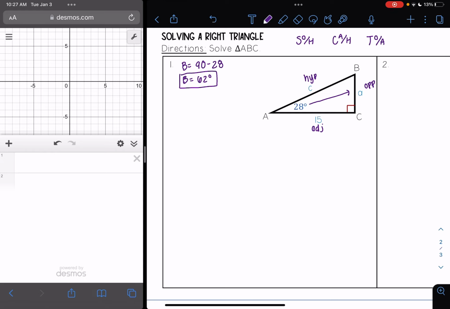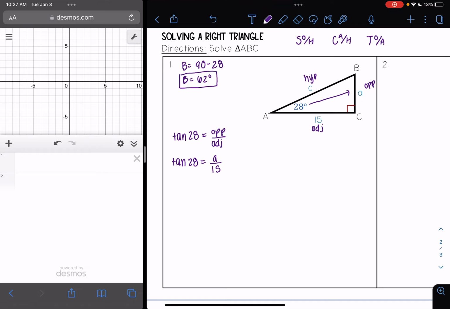I'm going to go ahead and use tangent since the adjacent is in the denominator. So doing that, I have tangent of 28 is equal to opposite over adjacent. So tangent of 28 is equal to my opposite side, which is A, over my adjacent side, which is 15.